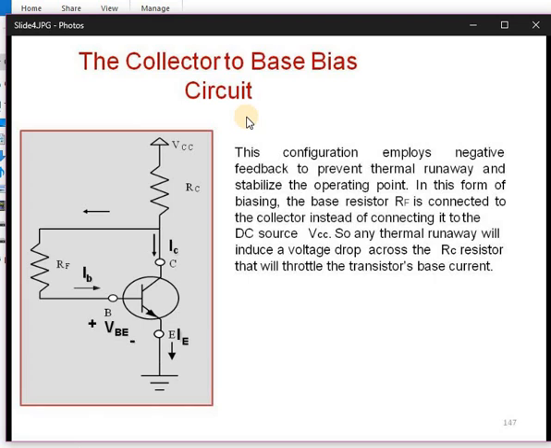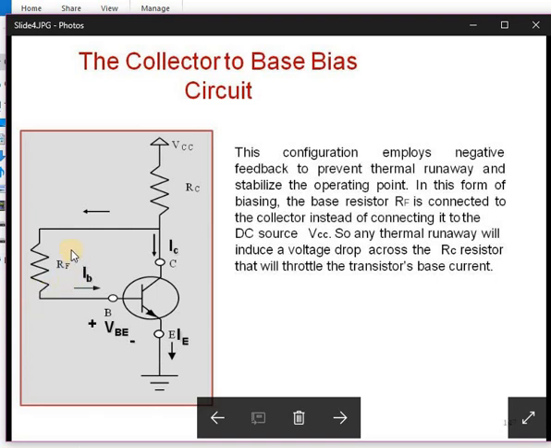So in this form of biasing, the base resistor RF is connected to the collector instead of the DC source, here VCC.